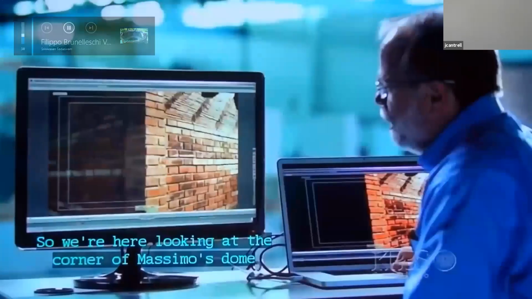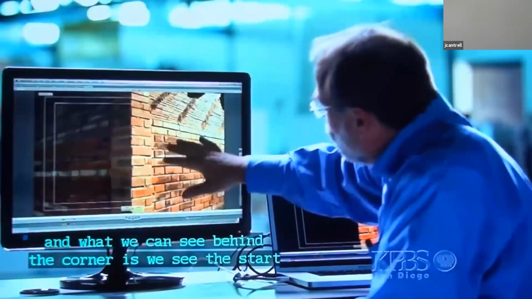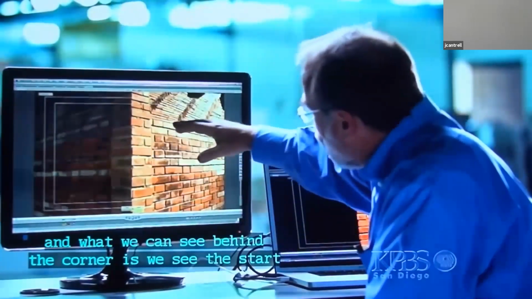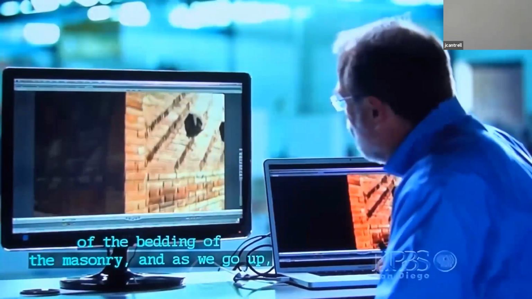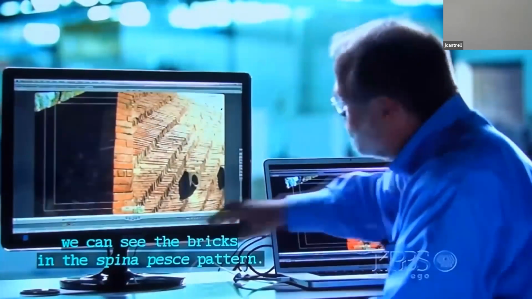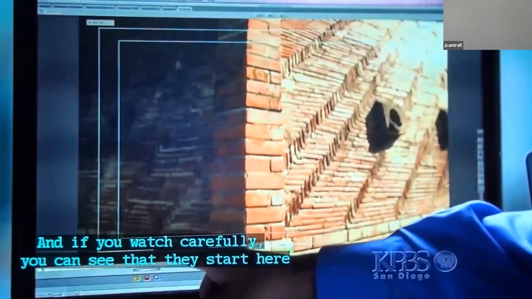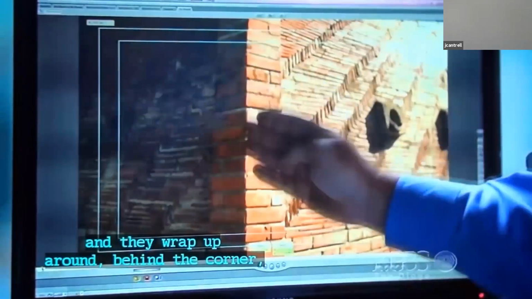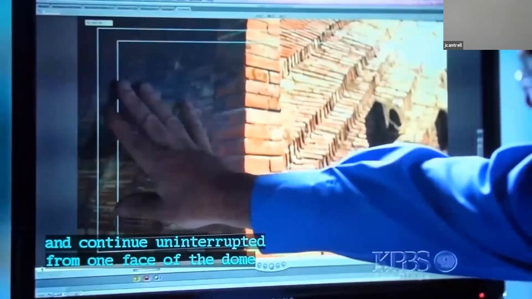So we're here looking at the corner of Massimo's dome. And behind the corners, we see the start of the bedding of the masonry. As we go up, we can see the bricks in the spinaspica pattern. If you watch carefully, you can see that they start here and wrap up around behind the corner and continue uninterrupted from one face of the dome to the other.